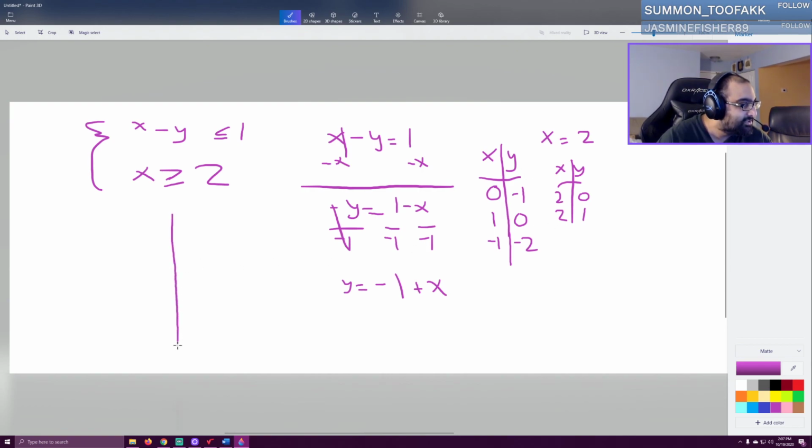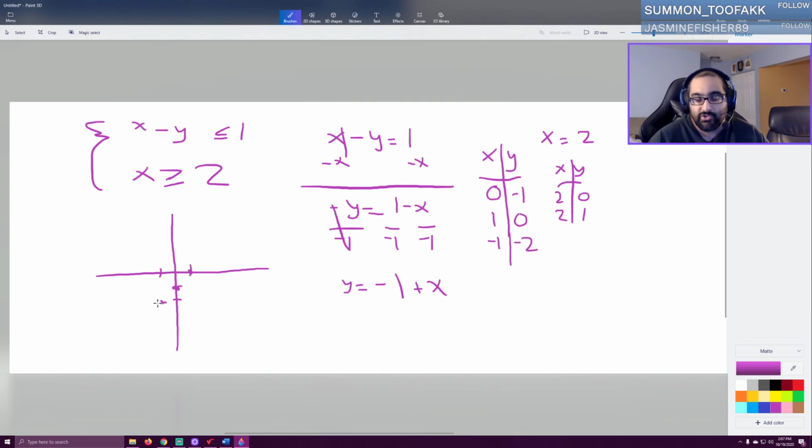Let's go ahead and put this graph down though. Okay, let's go ahead and try this out. We got 0, comma, -1. We get 1, comma, 0. -1, comma, -2.